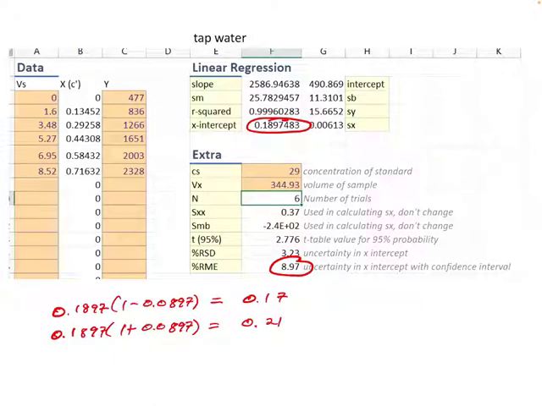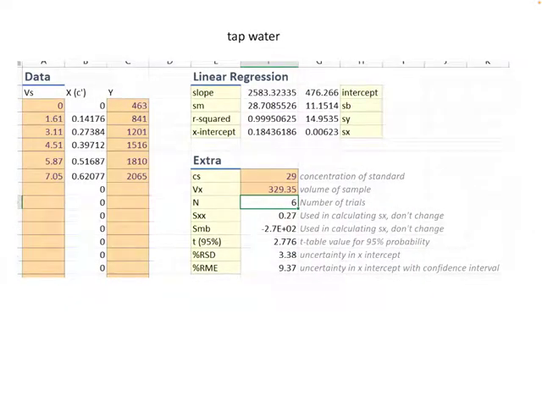Okay, let's do it one more time for the filtered water. We've got 0.184 as the salinity, and the error is 9.37%.